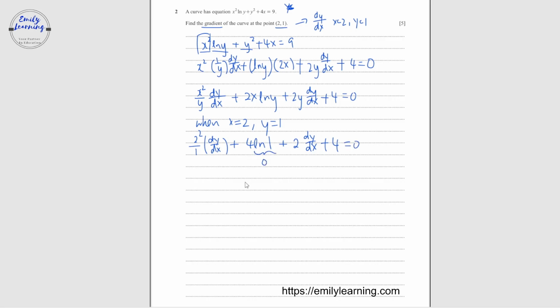Take note, ln 1 is 0. So you have 4 dy/dx plus 2 dy/dx equals negative 4. So I have 6 dy/dx equals negative 4, and dy/dx is equal to negative 2/3. Therefore my gradient at the point (2, 1) is negative 2/3.